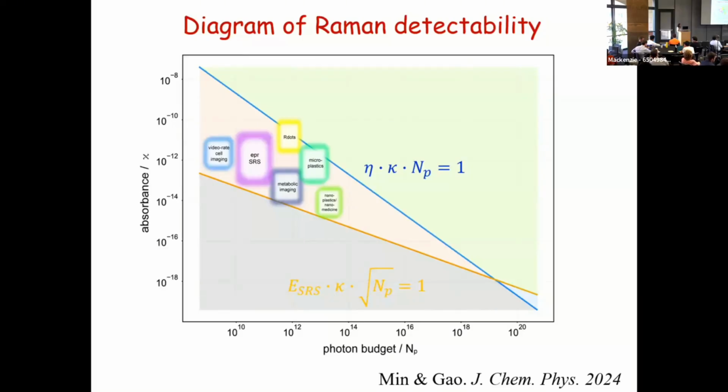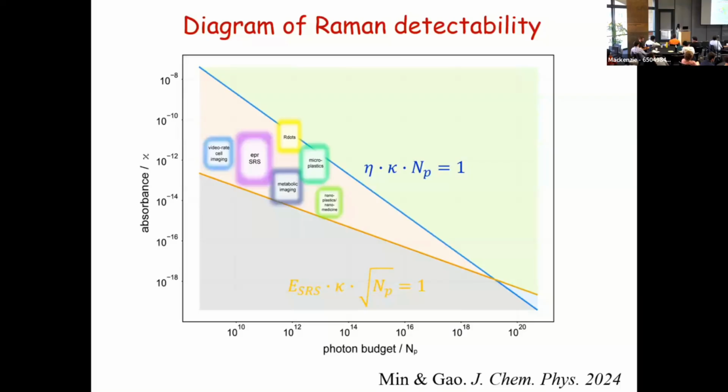Based on the two rationales, if we plot how many pump photons were sent into the focal volume against how well the local substance responds in the Raman, we can see the two lines here, with the blue one essentially corresponding to spontaneous Raman spectroscopy, and the orange one corresponding to SRS.